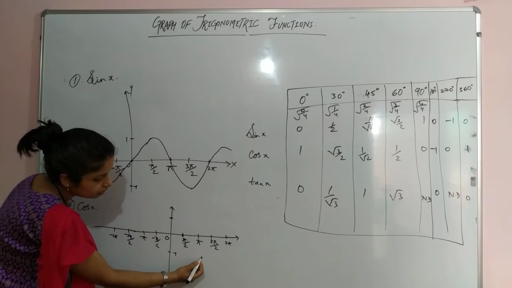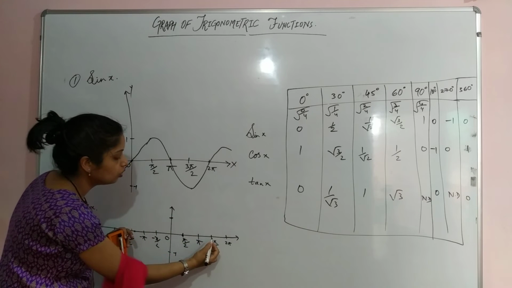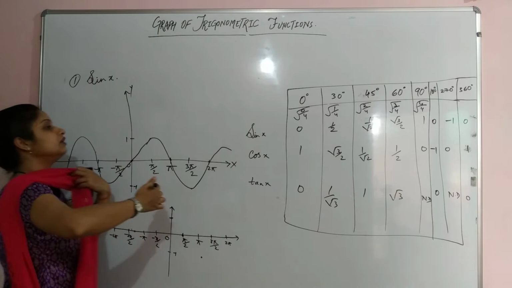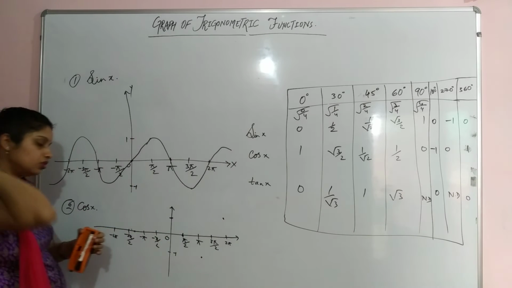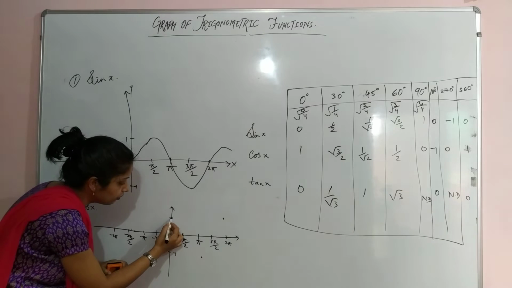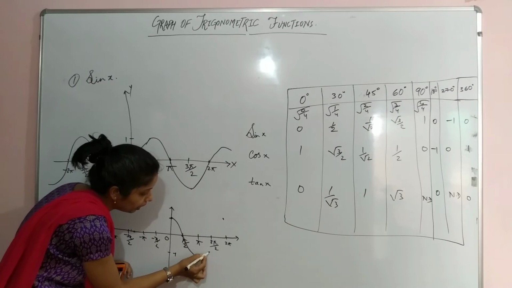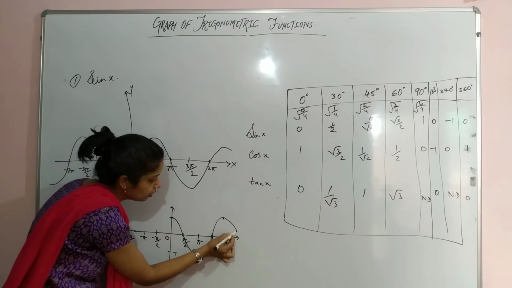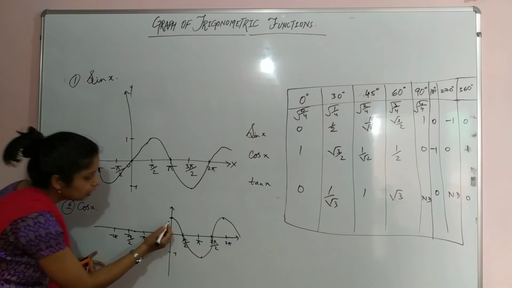So it is here. And at 3 pi by 2, it is 0. Then at 2 pi, this is again 1. So you have to draw this in the form of this, join the points. Clear? So this is the graph.